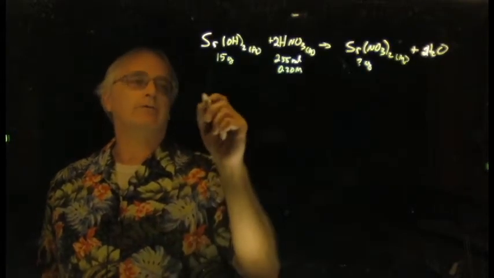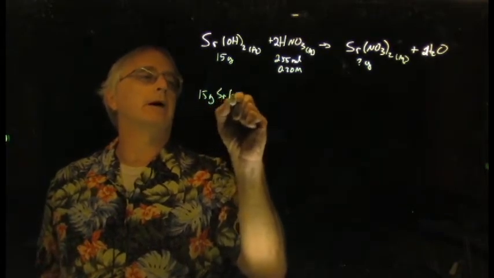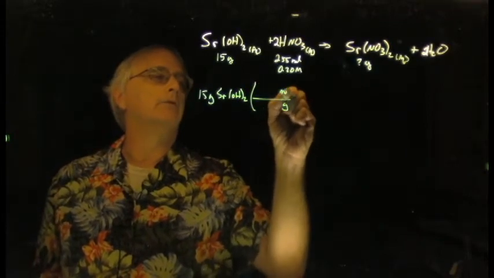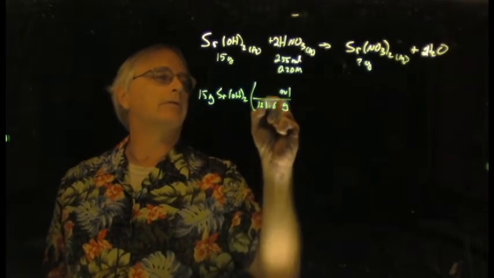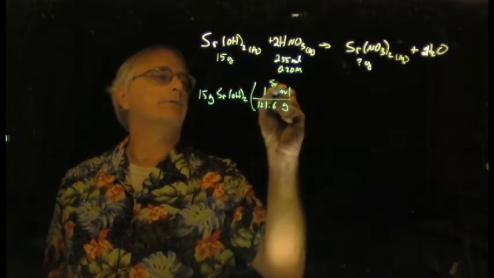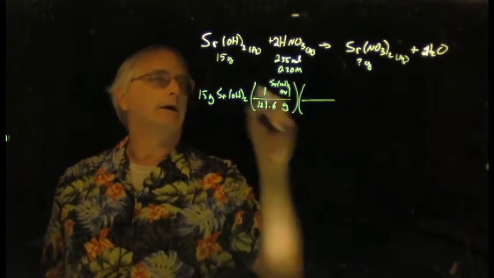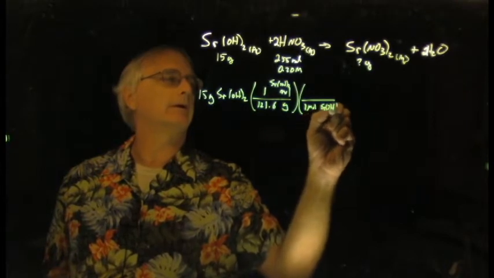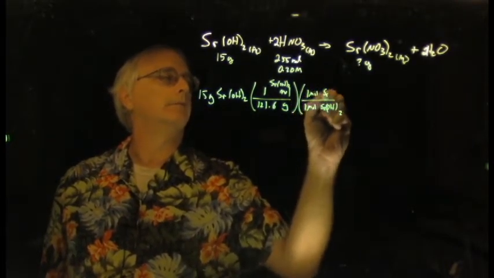And so, pretty straightforward, away we go. 15 grams of strontium hydroxide. And grams to moles, we look up the molecular weight. 121.6 grams is 1 mole of strontium hydroxide. In our particular reaction, 1 mole of strontium hydroxide is equivalent to 1 mole of strontium nitrate.